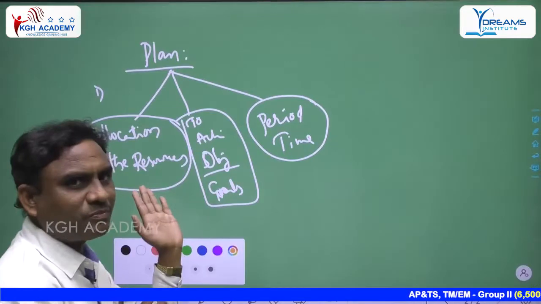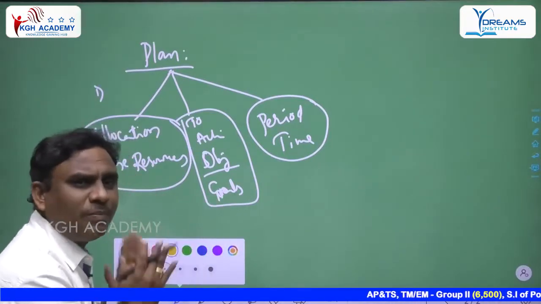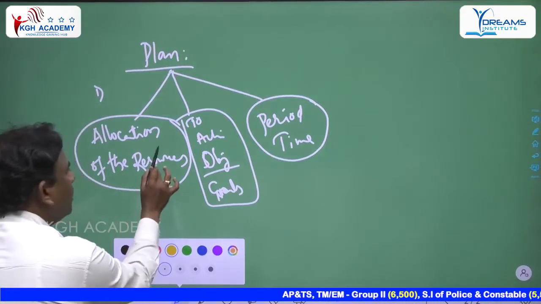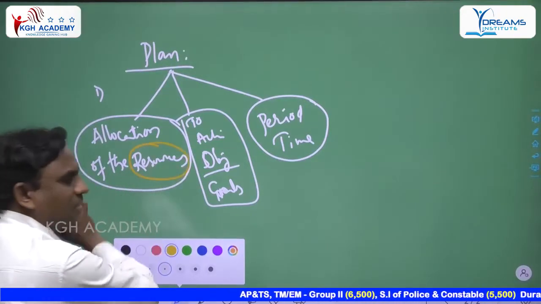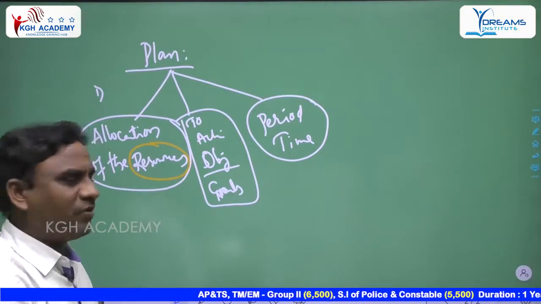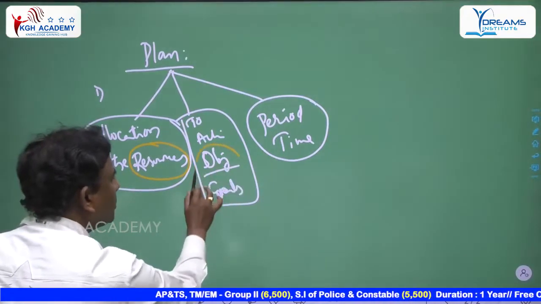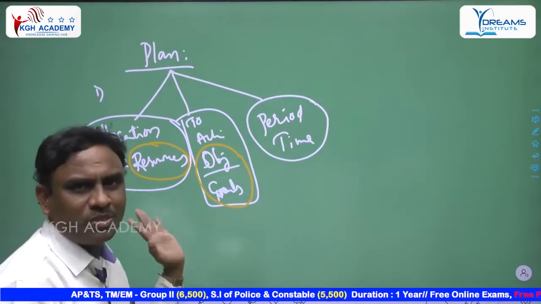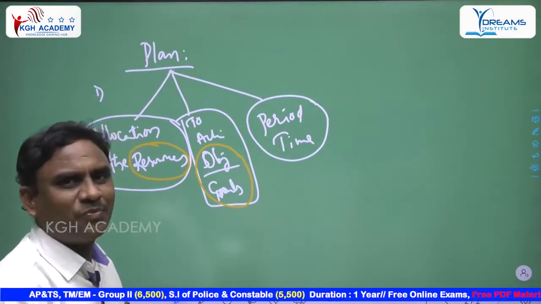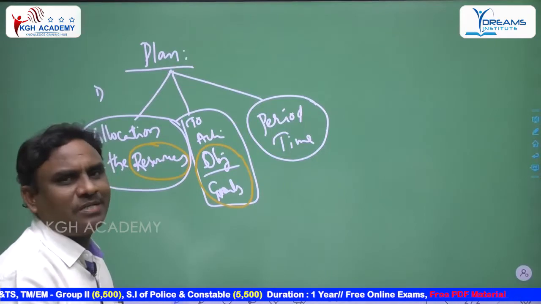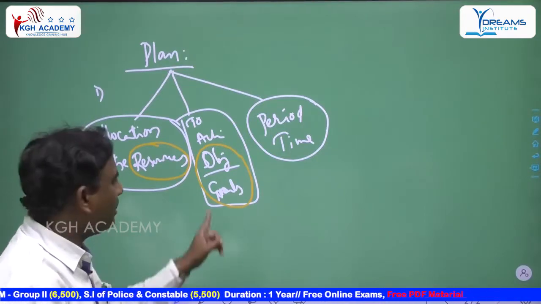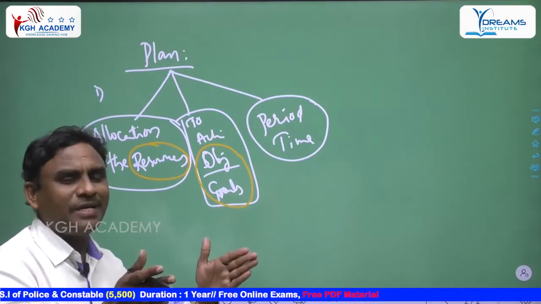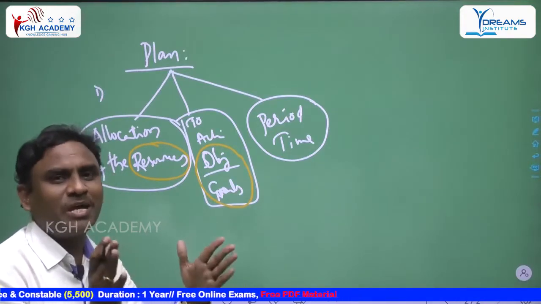First one: in any economy or any state, there are resources. Second one is, the state identifies different objectives or goals. Finally, the state must reach all the objectives and goals within a particular period of time.